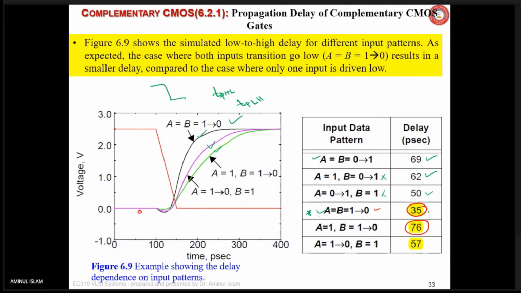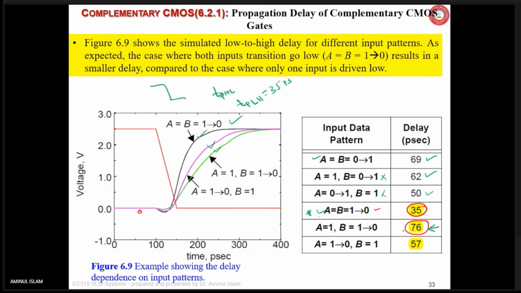Rather, I said the wrong thing. That is 35 picoseconds. Why least? Because both P MOSFETs are on and trying to pull up the output node quickly.